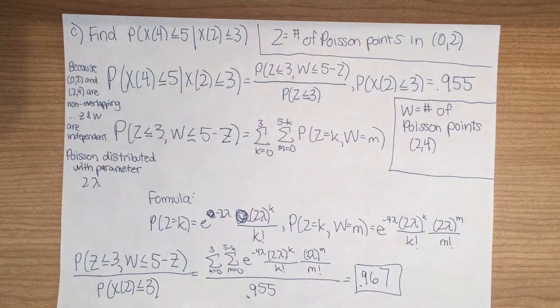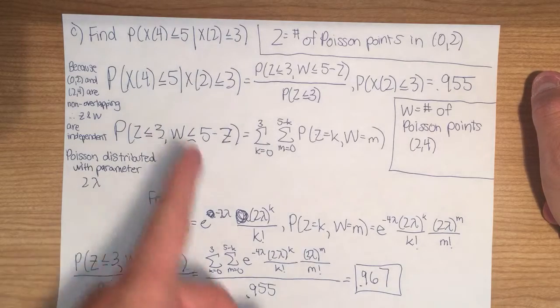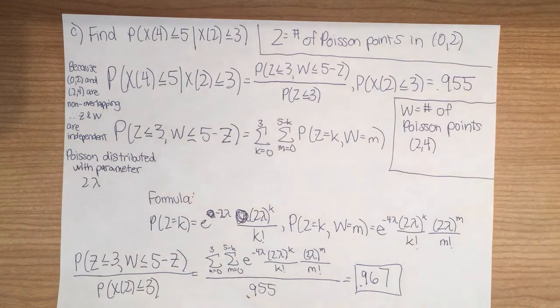Basically we set Z equal to X(2), and W equal to X(4) minus X(2).